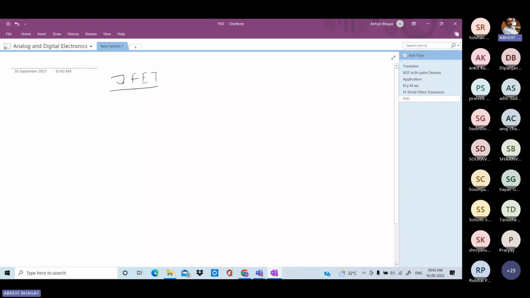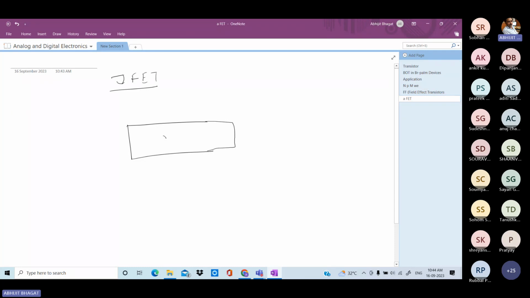JFET, junction field effect transistor. Now first we see the construction of this JFET. In case of JFET, one type of semiconductor plate or semiconductor bar is there. It may be N type or P type.